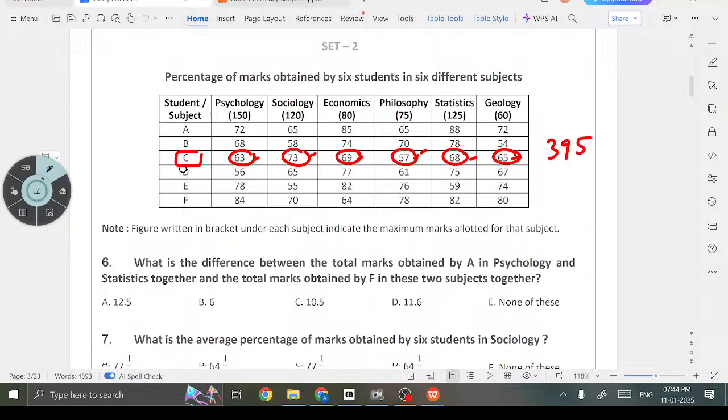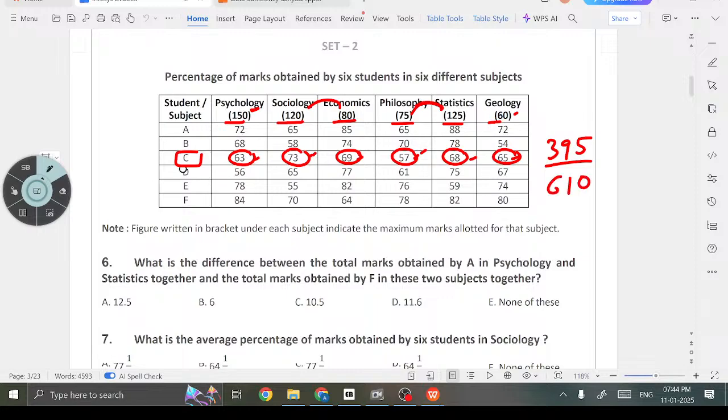This is the total marks he obtained out of this much: 150 plus 120 plus 80, right? So 200 here, 125 plus 75 is 200 here, 400, 550, 610.